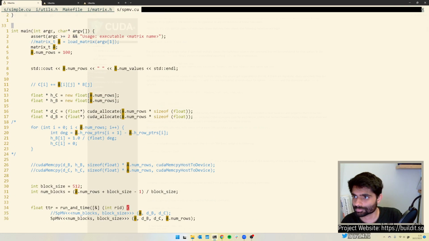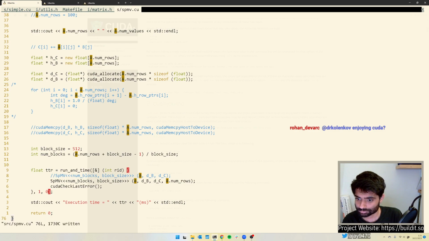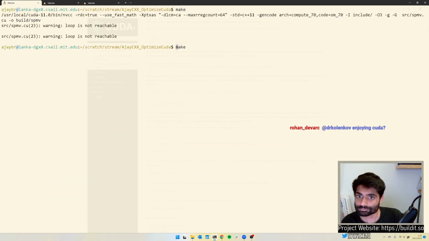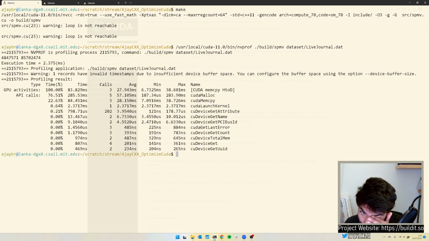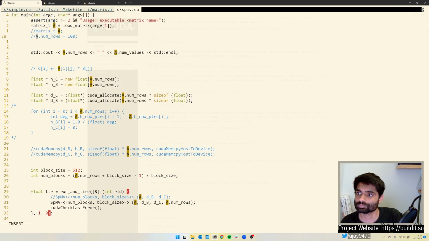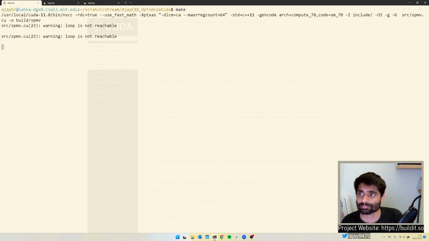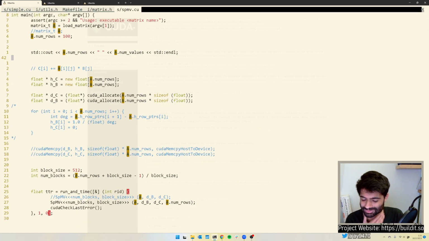Then what goes wrong? Oh, I think if I load the matrix... Okay, something is wrong with the number of rows.